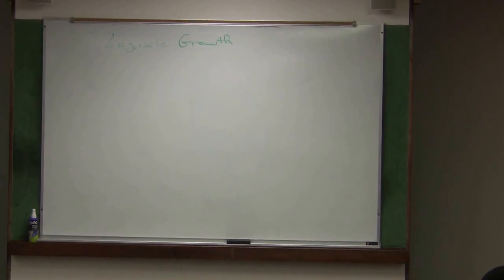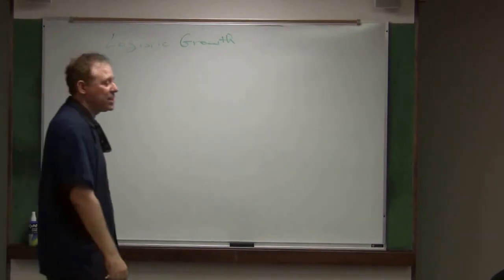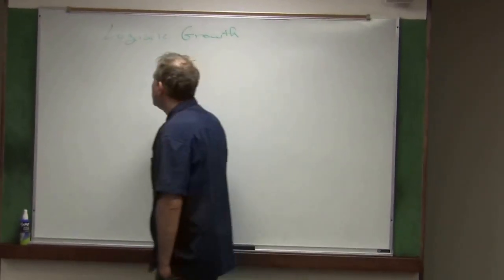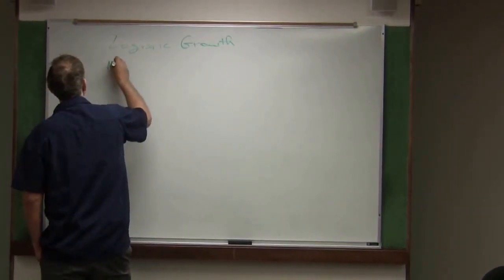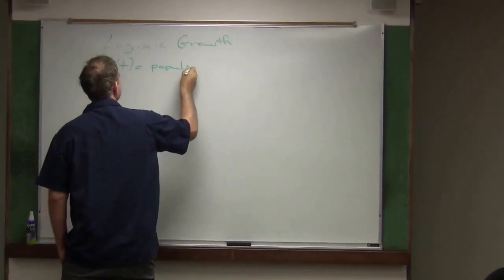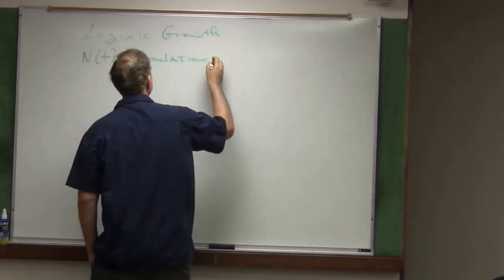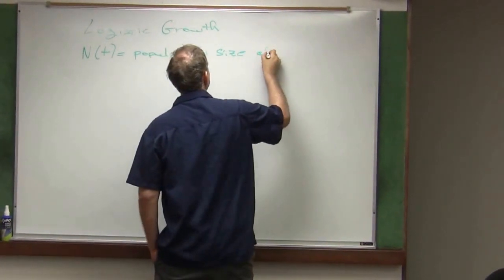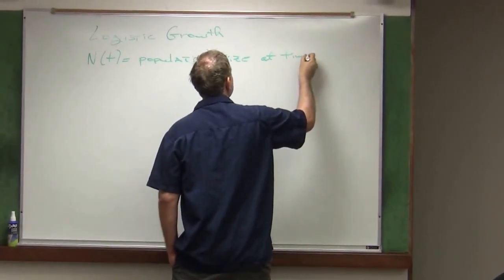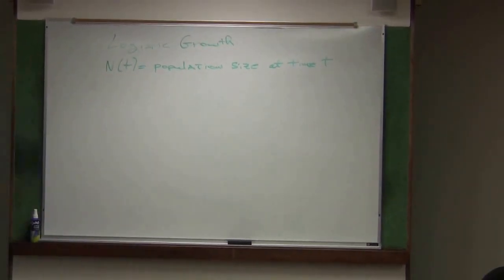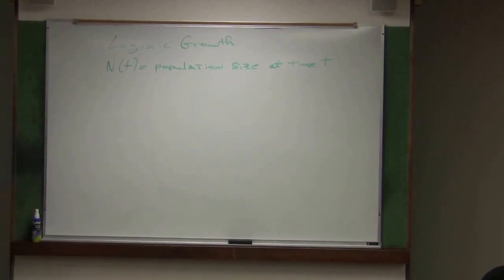Okay, so something grows logistically if it grows according to the logistic differential equation. So let's have N(t) be the population size at time t. In a logistic growth model, there's going to be what's called a carrying capacity. The carrying capacity is the maximal sustainable population.